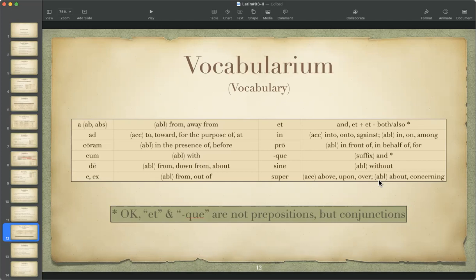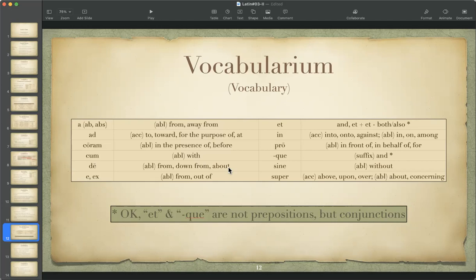They're both ablative. Have you ever heard the phrase de gustibus non disputandum est? About matters of taste, you should not dispute them. Let me untangle that into sensible English.